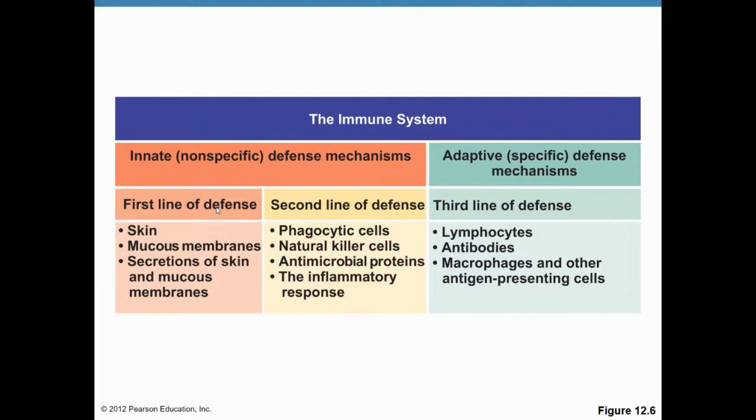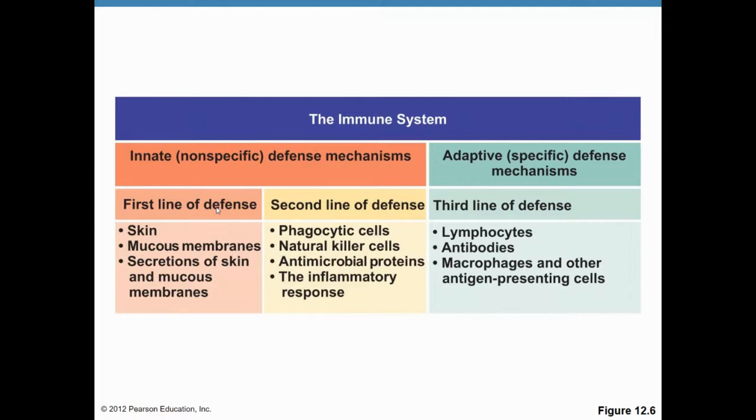Right, so our skin is remarkably effective at keeping bacteria out until you cut yourself, right? That allows for the bacteria to get down into the deeper levels. So intact skin and mucous membranes and their secretions are going to just kind of cut things off at the pass, right? Prevent things from gaining entry at all into the body.